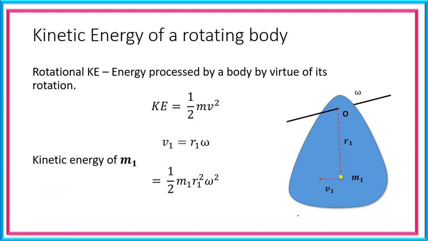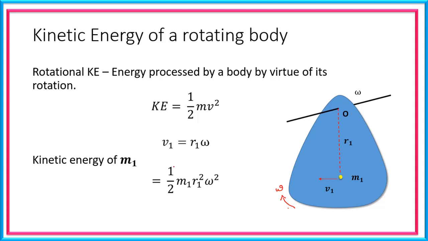If the body is rotating about this axis with angular velocity omega in this direction, then any point mass here will have a linear velocity in this direction. Let that be v1.